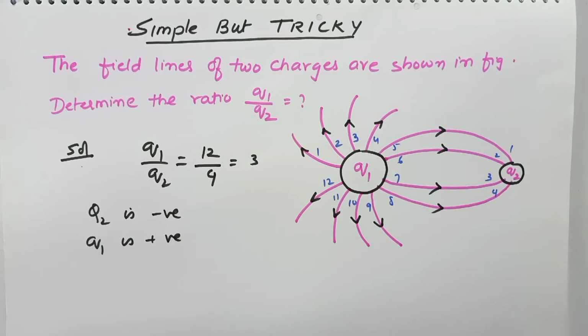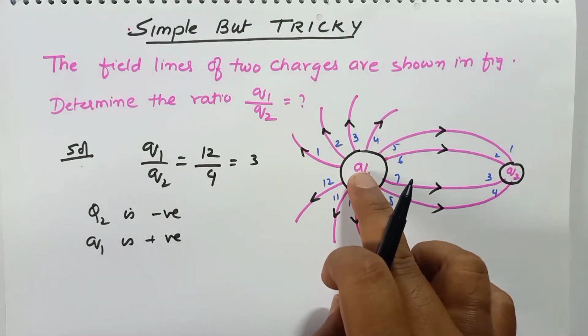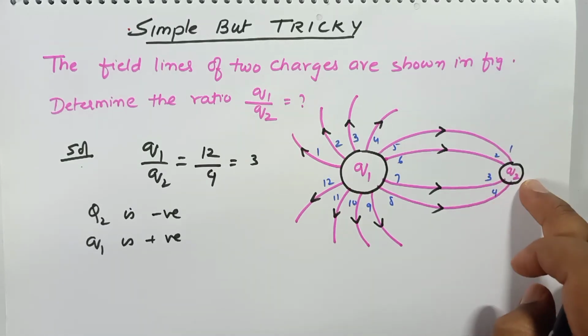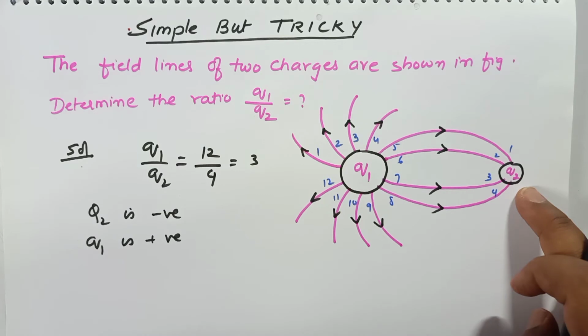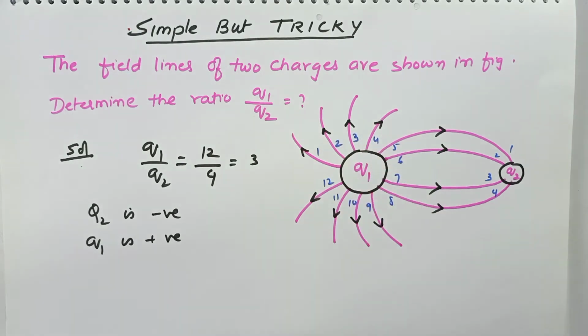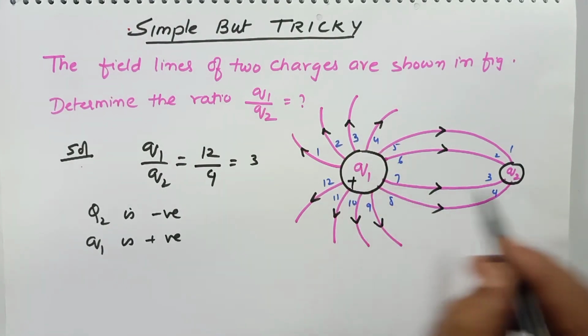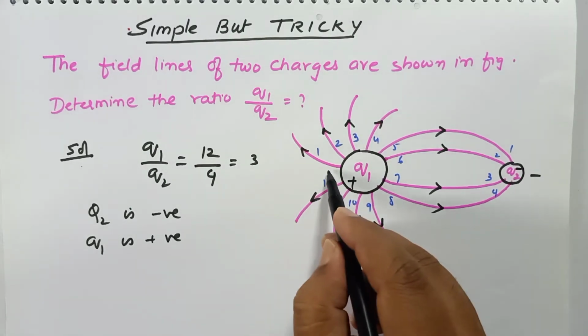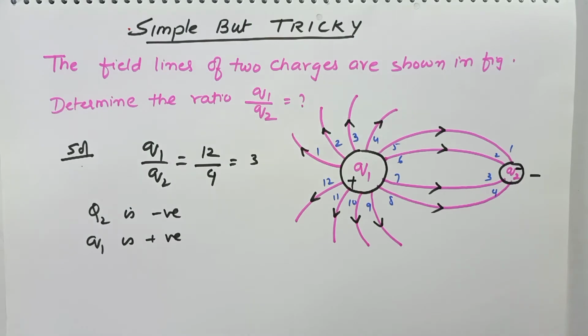Divergent means move away from the center, and the lines of force near Q2 are convergent. That means they meet at a certain point here. These are convergent lines, these are divergent lines. Therefore, Q1 is considered to be positive and Q2 is considered to be negative here. This is positive and this is going to be the negative charge.